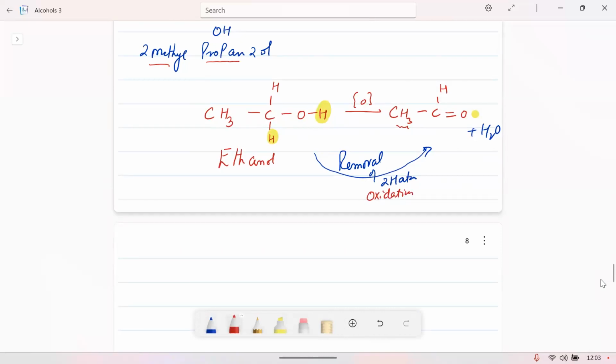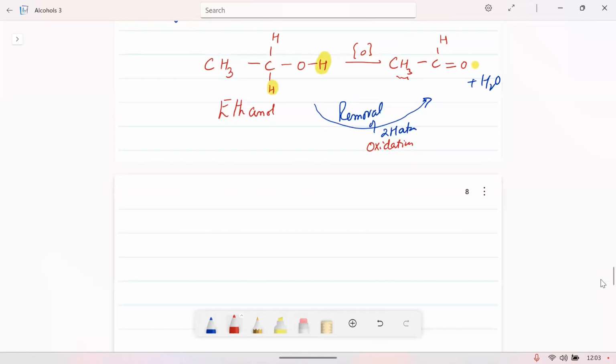The second thing is this aldehyde is then further oxidized to carboxylic acid. Here the double bond is already there, you have the O and the H, and what is happening is the addition of an oxygen atom. Again, addition of oxygen is oxidation.